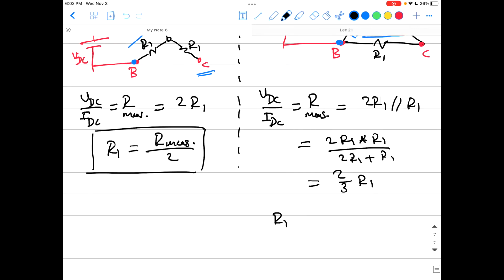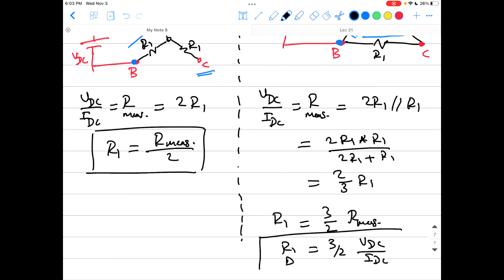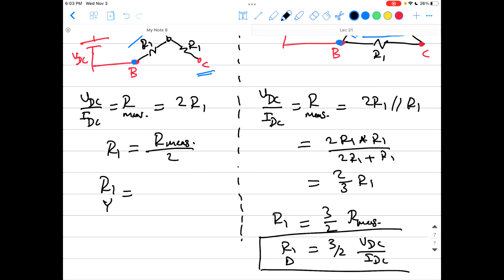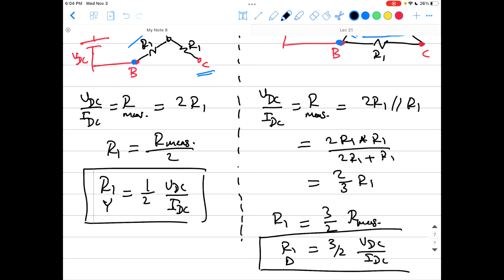That means if you want to find R1 in case of delta connected, it will be equal to 3 over 2 times R measured, which is 3 over 2 VDC over IDC. That is R1 in case of delta connected. While R1 in case of Y connected, like we said, will be just half of the VDC divided by IDC. Okay, guys?